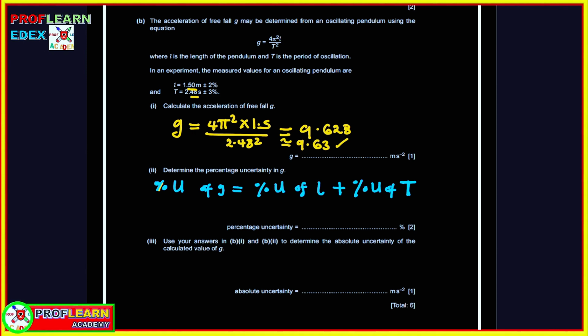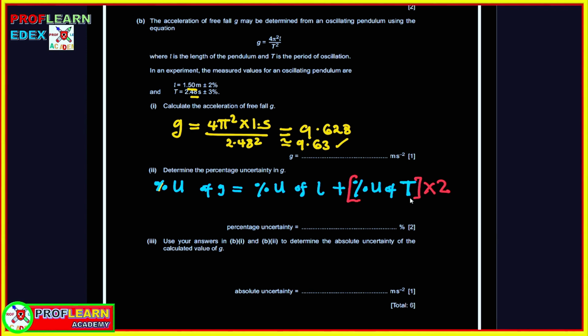But since T was squared, I'm going to multiply the uncertainty of T by 2. If it was cubed, we would multiply by 3. That is the condition. If a quantity is raised to a power, then the percentage uncertainty of, say, T squared will be the percentage uncertainty of T times 2.